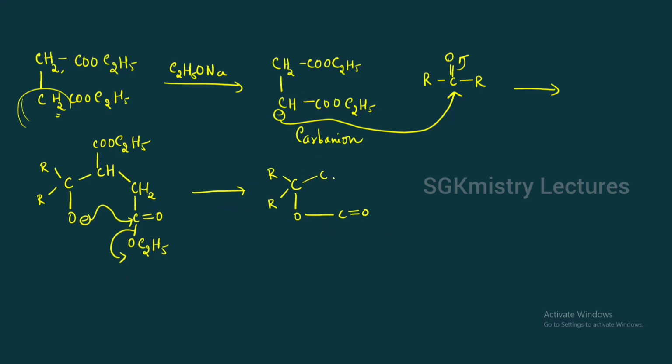Now we have the carbon, there is the CH2 group, and to this carbon there is also H attached and COOC2H5, right? So we know that this is nothing but the lactone. Now here, the OC2H5 ion was removed. This ion is still there in the reaction mixture.